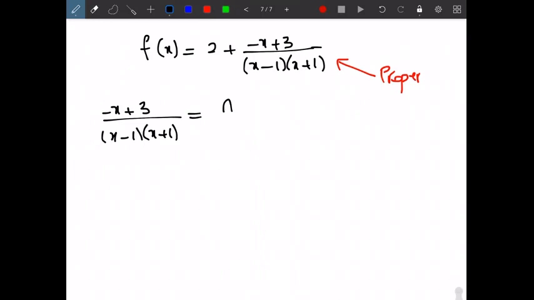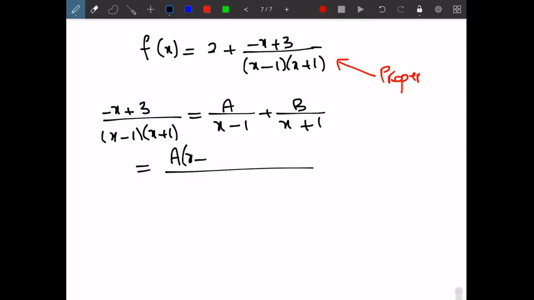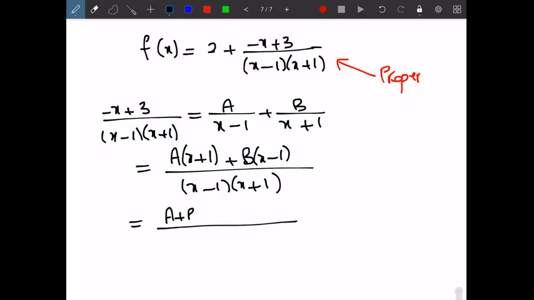So x minus 1 is linear, so its numerator is a constant. Similarly, x plus 1 is linear, so the numerator is a constant. So I reduce to the same denominator, which is a into x plus 1 plus b into x minus 1, divided by x minus 1 into x plus 1. So here, expanding and grouping similar terms, I'd have a plus b into x, which comes from ax plus bx, and a minus b.